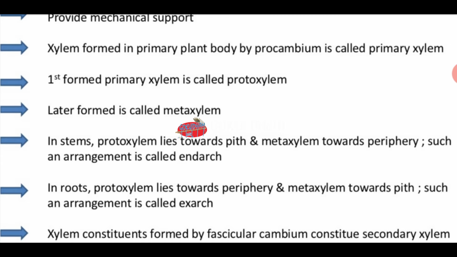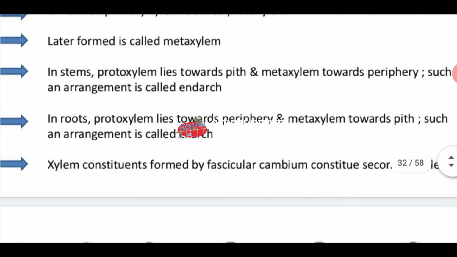Means in exarch or in a root the protoxylem lies toward the periphery, मीन्स जो प्रोटोxylem होती है वो पेरीफेरी की तरफ होते हैं, and the metaxylem which forms later is toward the pith, which is known as exarch.